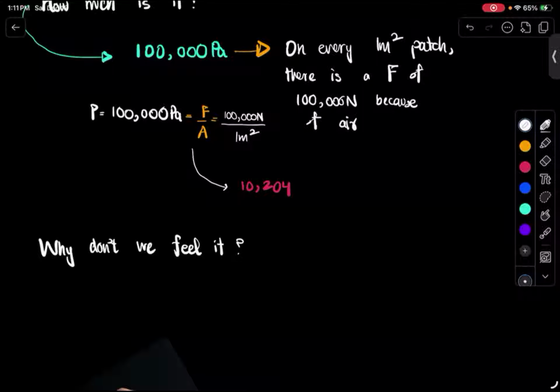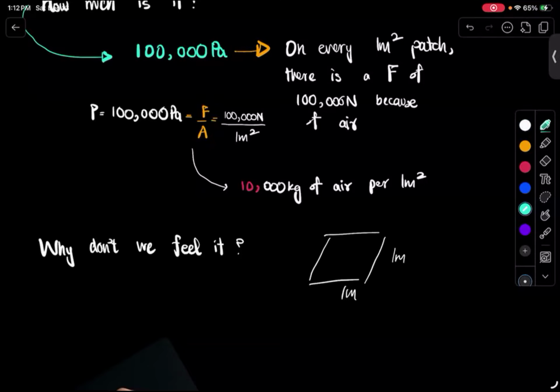So that means roughly 10,000 kg of air per 1 meter square. So that means if you take a patch of 1 meter square, right, then there is going to be the weight of 10,000 kgs of air for every meter square, right? That's basically what it means.